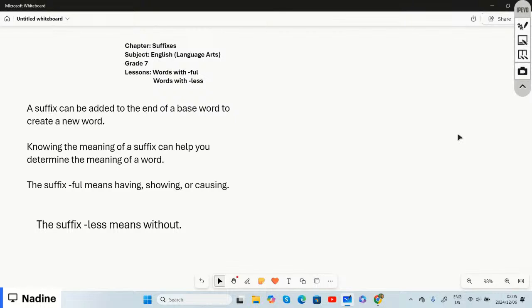And the lessons that we are going to be focusing on under the chapter of suffixes are words with full and words with less.